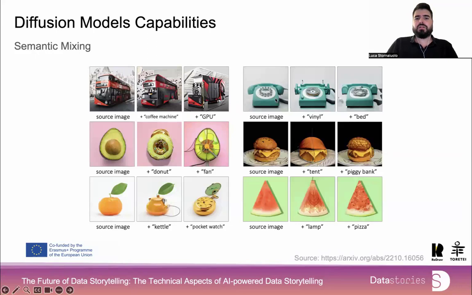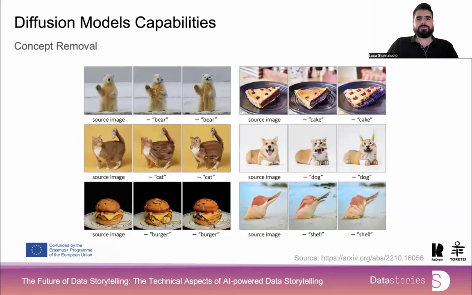As an example, this telephone is transformed by using a prompt to create an augmented design. So this is very useful for brainstorming in creative processes by trying to mix different design ideas.